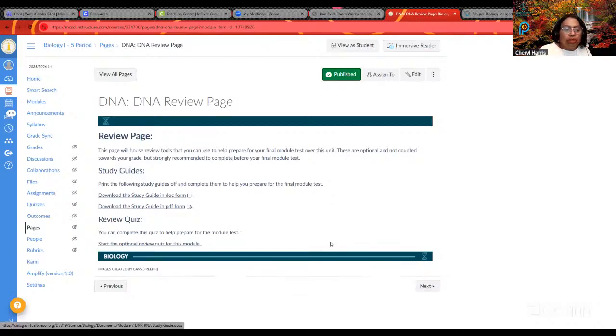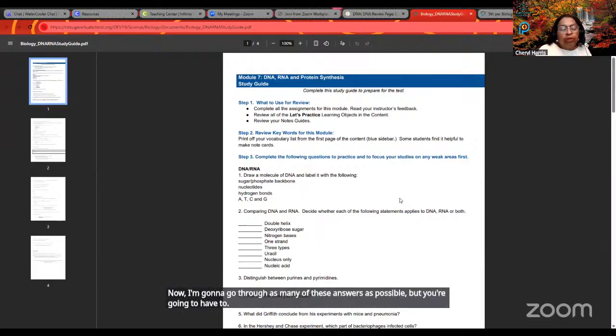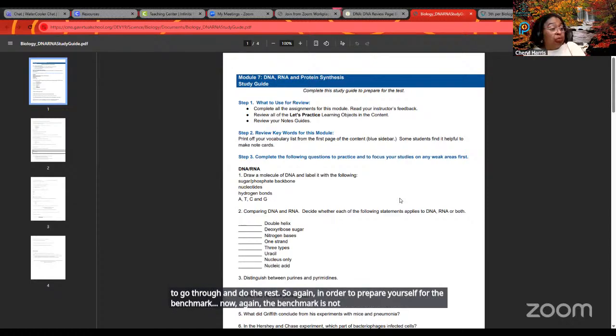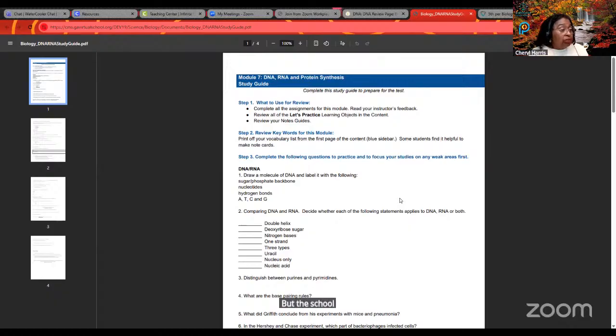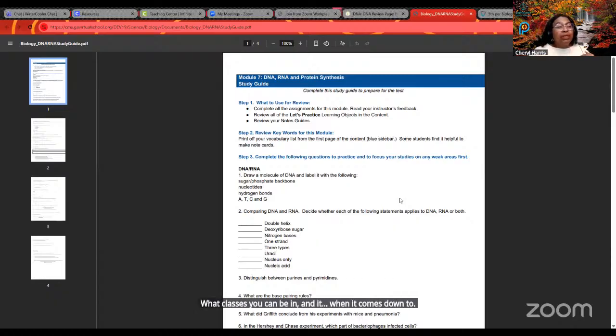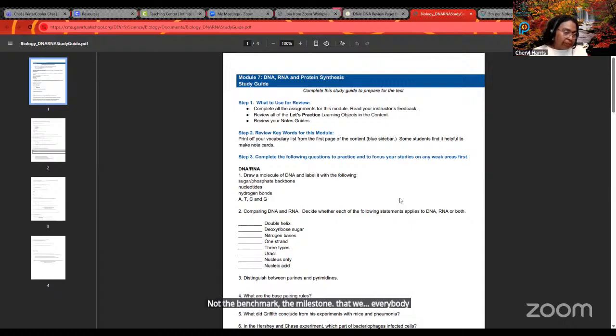And let's look at that. Now I'm going to go through as many of these answers as possible, but you're going to have to go through and do the rest, in order to prepare yourself for the benchmark. Now again, the benchmark is not a grade that's going in the grade book, but the school does use it to do statistics about how well you're doing, where you're placed, what classes you can be in. And in March and April, they start setting up tutorial classes to prepare you for the milestone that everybody has to take in April.